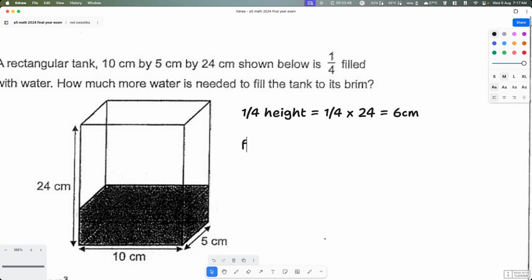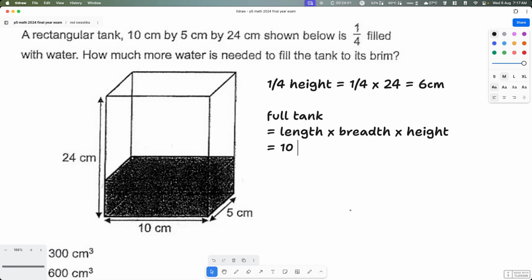So I would say the full tank is equal to length times breadth times height. The length is 10, the breadth is 5, and the height is 24. So this will give us 5 times 24.